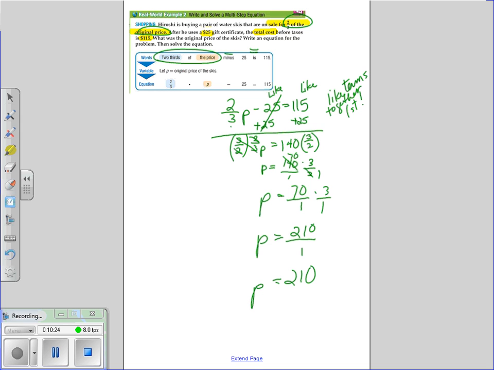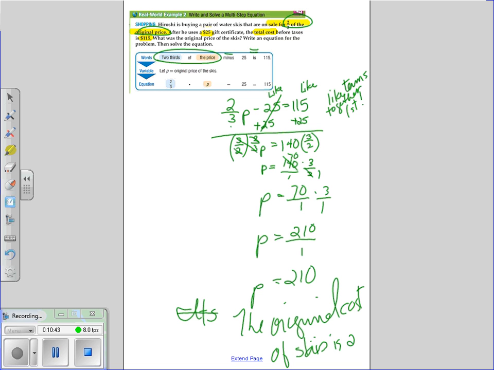What is 210? It's the original price. So, let's say, we'll have to write a sentence. The original cost of the skis is 210 dinero. Okay.